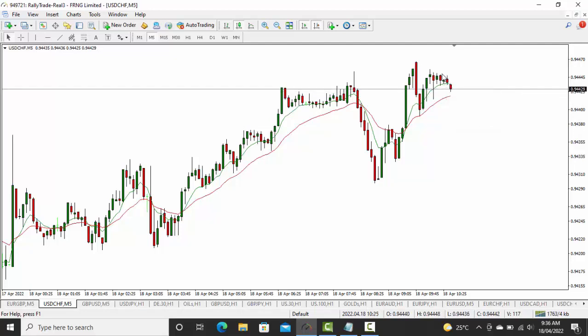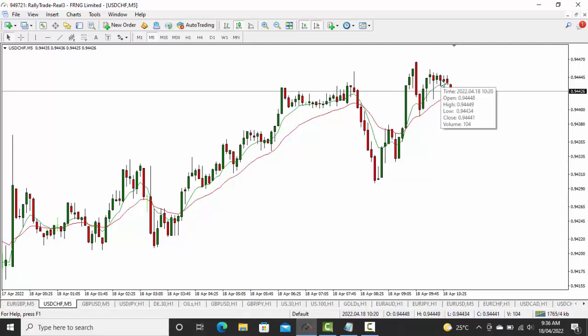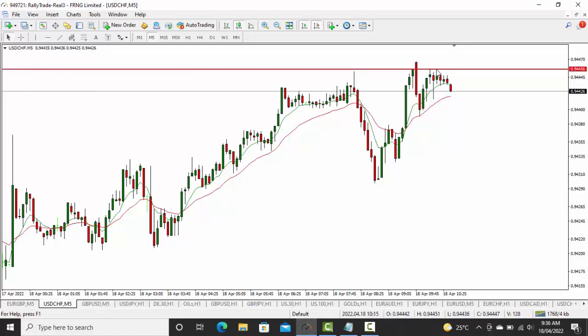We have 1, 2, 3, 4, 5. So out of these 5 candles, which of these 5 has a high higher than the rest? And that happened to be this particular candle here. This candlestick gave us a high that is higher than the other candles we are to consider at that point in time. So this is the high of this particular candle, and the price is found somewhere here.